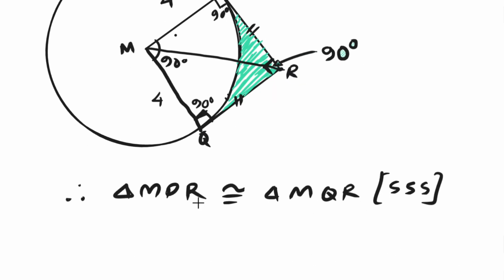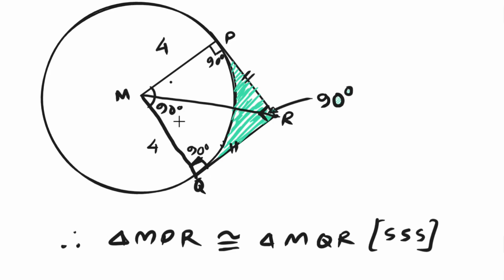Since the triangles are congruent, their corresponding angles are equal. The total central angle PMQ is 90 degrees, so line MR divides it into two equal parts. Therefore, angle PMR equals 45 degrees, and angle RMQ also equals 45 degrees.